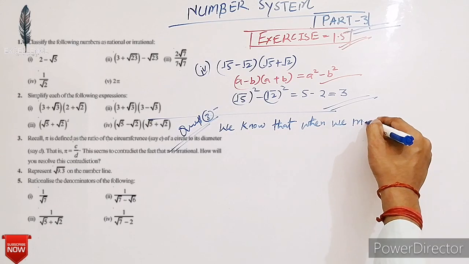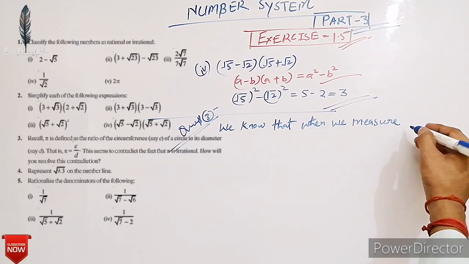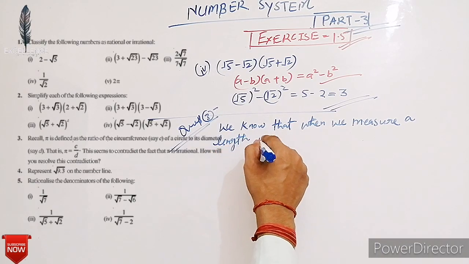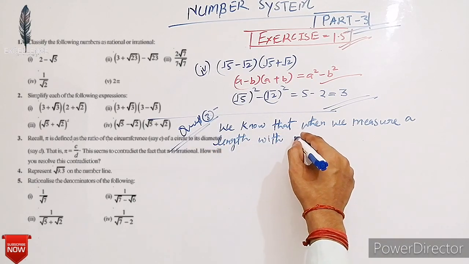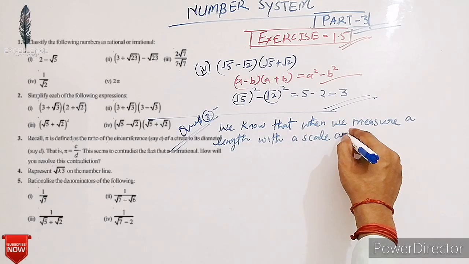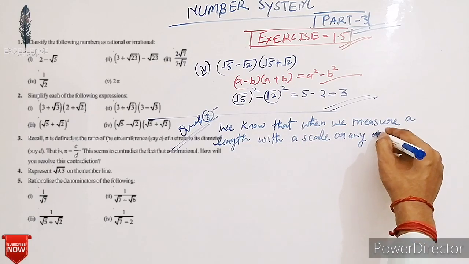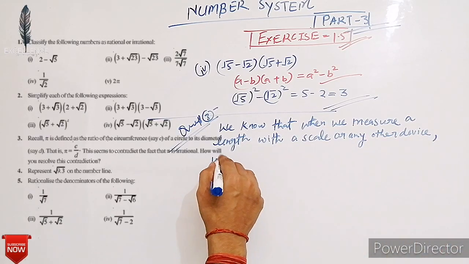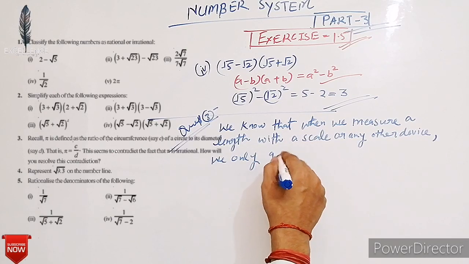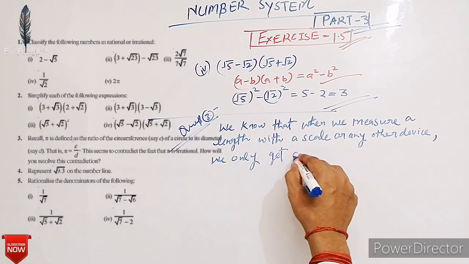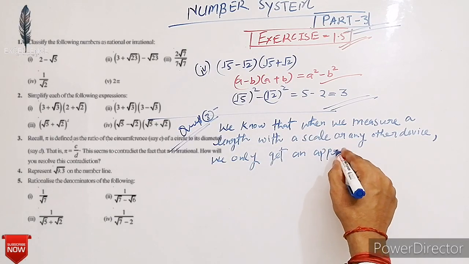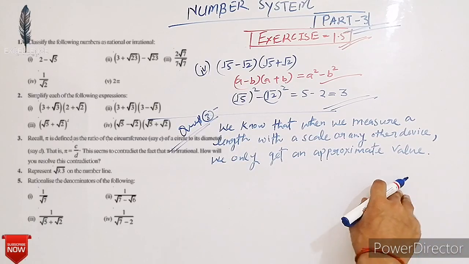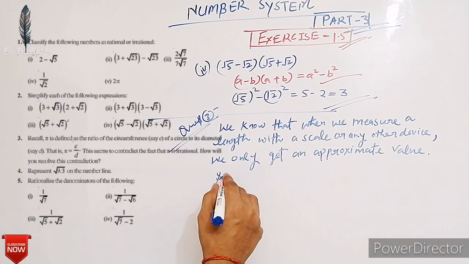So we know that when we measure a length with a scale or any other device, listen carefully students, we only get an approximate value. Okay, we only get an approximate value.